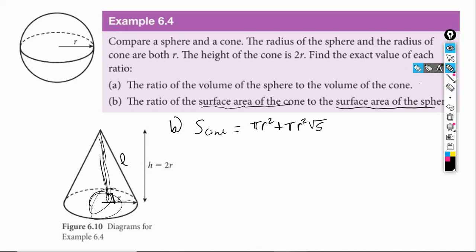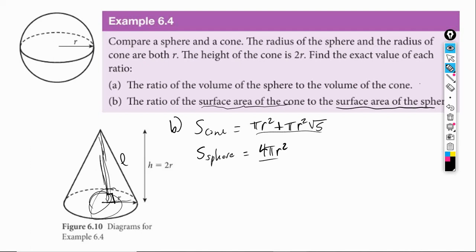All right, so now we want the surface area of the sphere. And that one's easy because it's simply 4 circles, 4 pi r squared. Now, let's find the ratio then between the surface area of the cone to the surface area of the sphere. That means that we have to divide this surface area by this surface area.